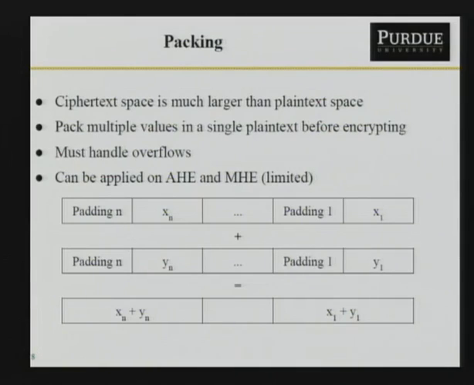Packing. So this is the last optimization, which again targets reducing the volume of your data. So usually when we want to perform operations, we use numbers 32 bits long or 64 bits long. And when you encrypt those numbers, well, according to what key size you use, the size increases a lot.